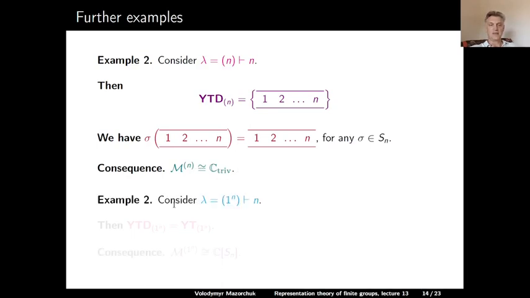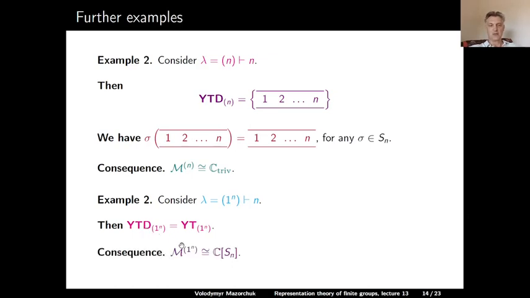Example 2: let us consider the opposite case, the other extreme. Consider the partition lambda given by 1, 1, 1, ..., 1. So it has n parts, all equal to 1. Then different Young tableaux cannot be row equivalent because all rows contain exactly one element. In other words, the set of Young tableaux coincides with the set of Young tabloids.